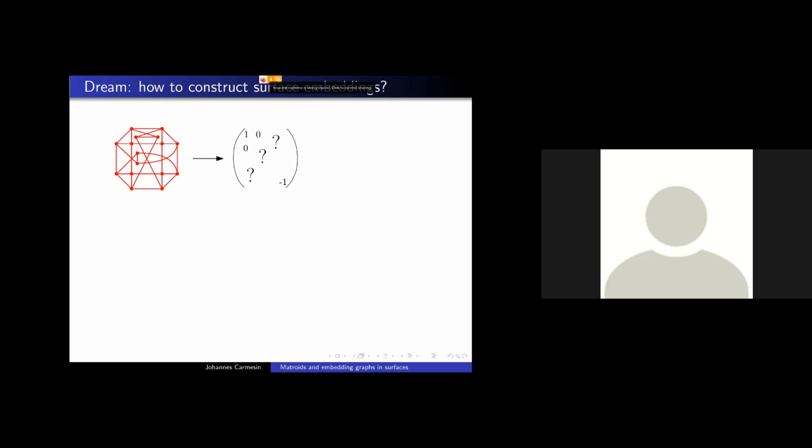And then from that matrix, one would construct another graph, which we call the green graph. And this construction from the matrix to the graph should be really straightforward. Namely, you want this to be a graphic matroid, and then the green graph would just be some graph such that its cycle matroid is represented by this matrix.